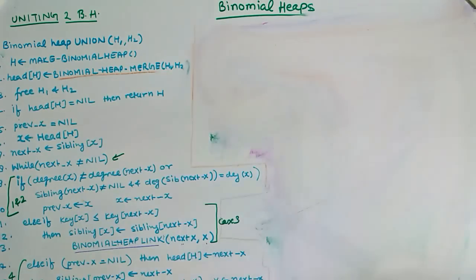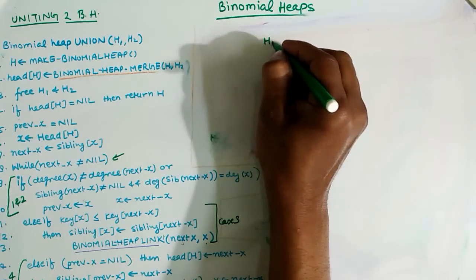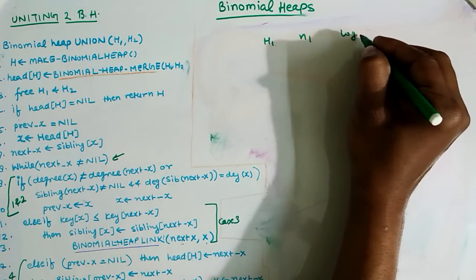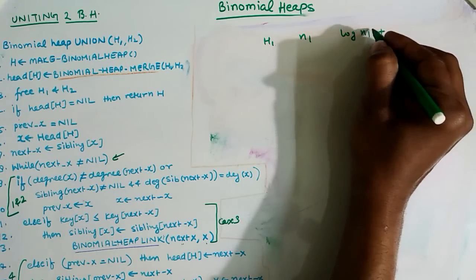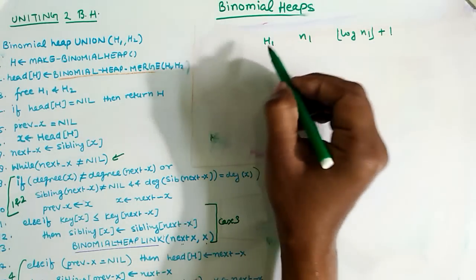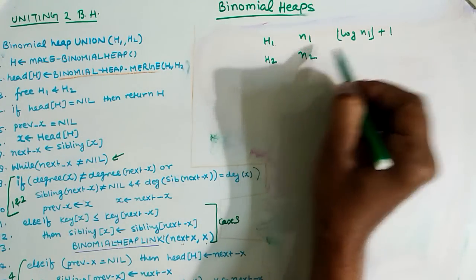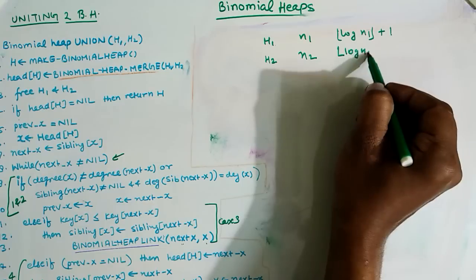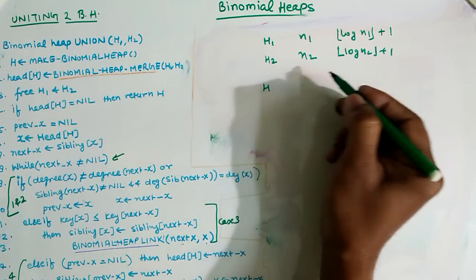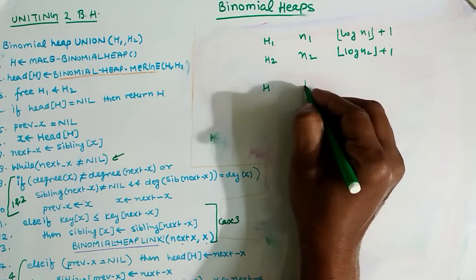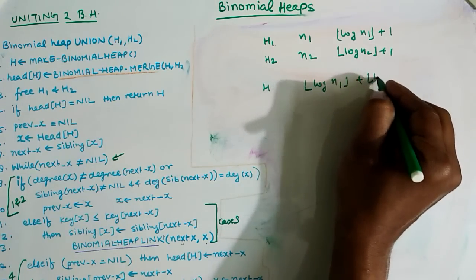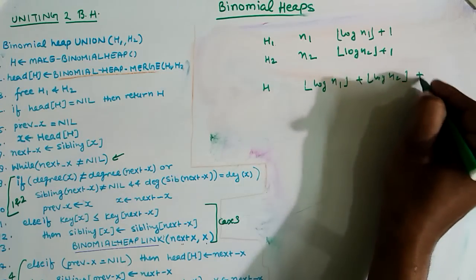So I can say that if h1 has n1 nodes, then we can have at most log n1 plus 1 roots in the h1 heap. If h2 has n2 nodes, then this will also have log n2 plus 1. So how many roots does the auxiliary heap h contain in its list? At most log n1 plus log n2 plus 2.